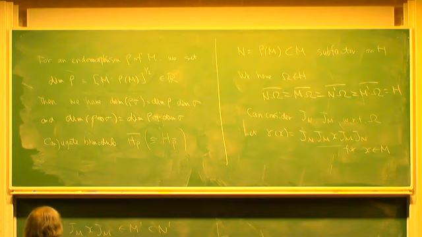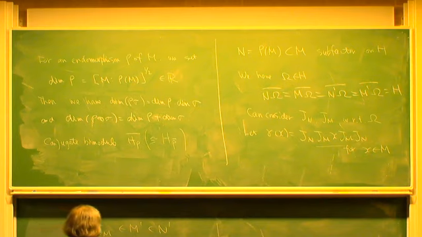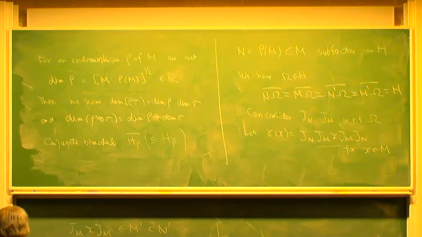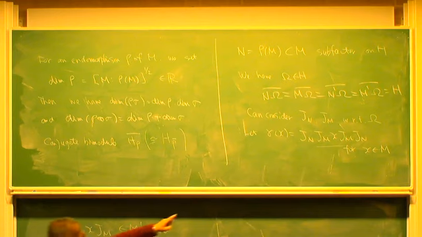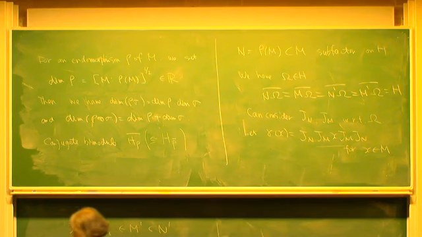Then we know that J_N of this is gamma of x. But this part is in N prime, so this is in N. Okay. So the image of gamma of x is in N. So x is from the larger algebra M, and we apply this gamma, and then the image is in the smaller algebra.